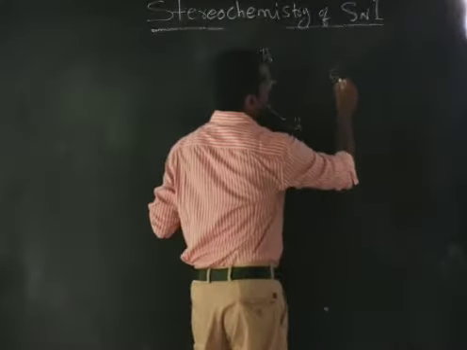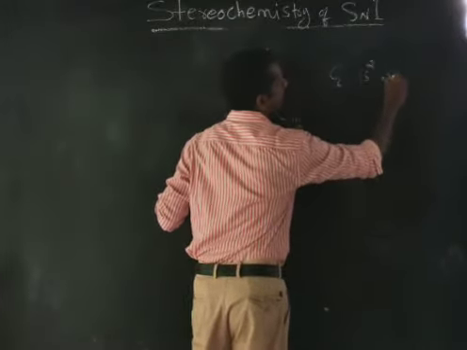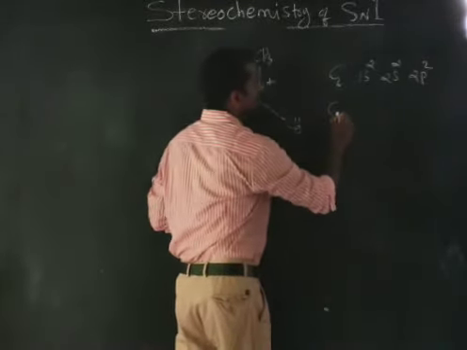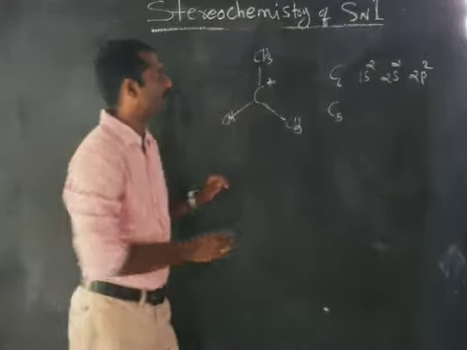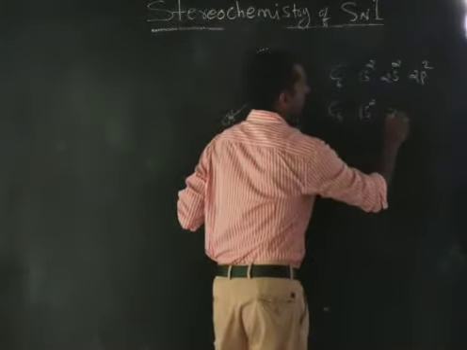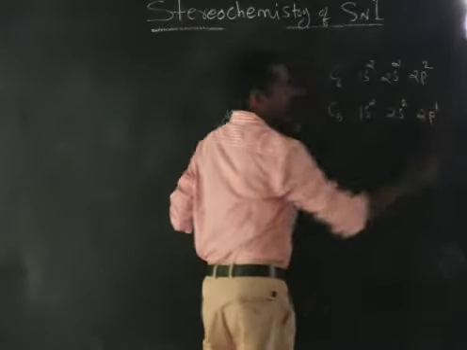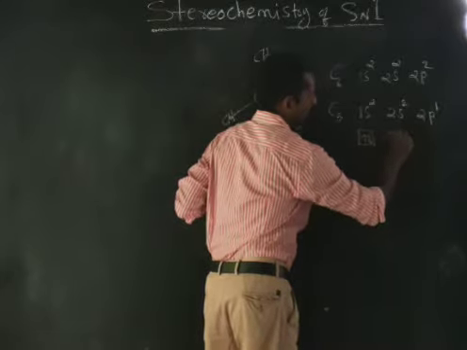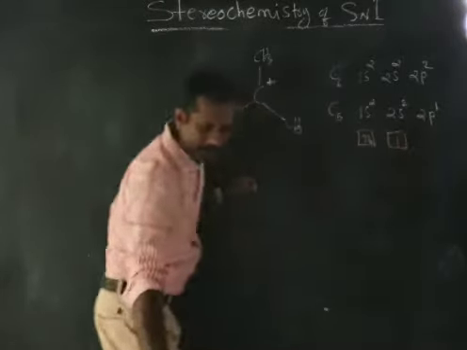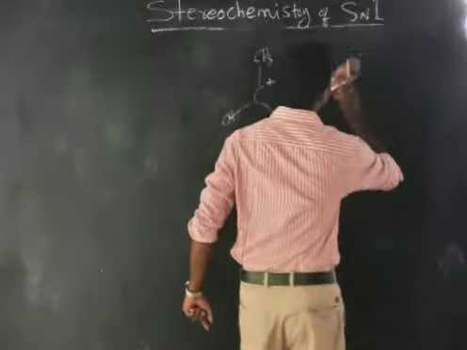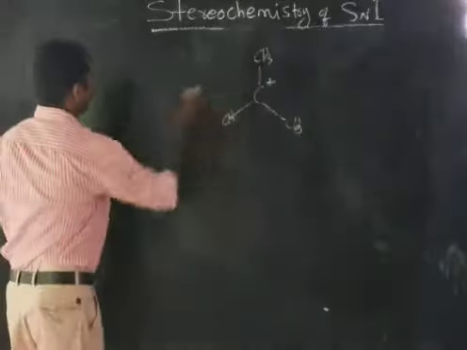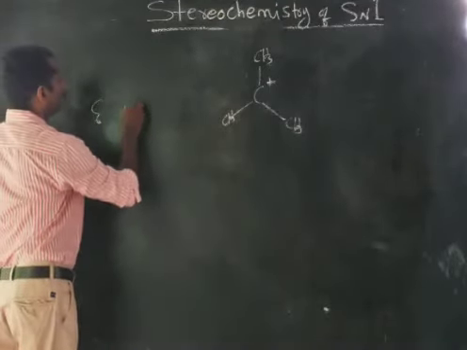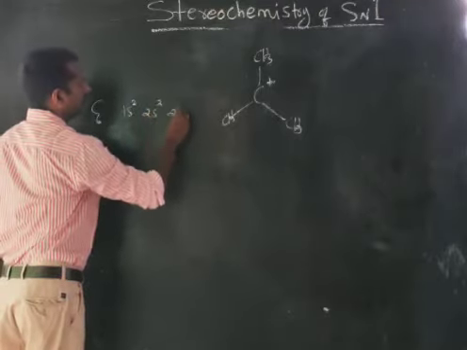Carbon has 6 electrons: 1s2, 2s2, 2p2. Here C+ means only 5 electrons. Look at carbon in the normal, ground state: 1s2, 2s2, 2p2.